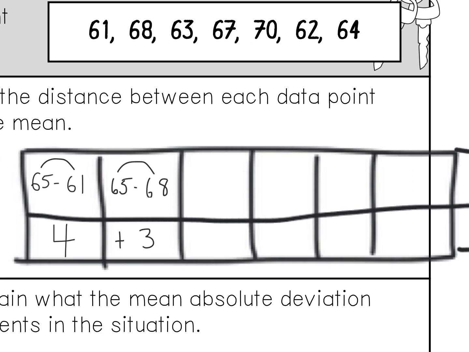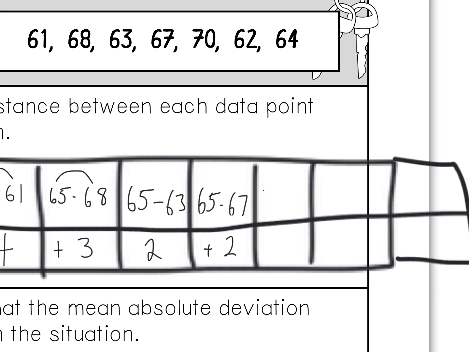The next one is what? 65 minus 63, what do you get? 2. 65 minus 67. -2, but it's a distance, so it's positive.